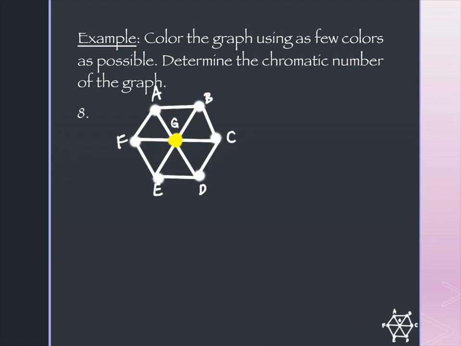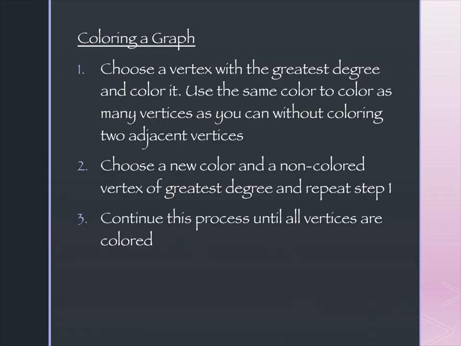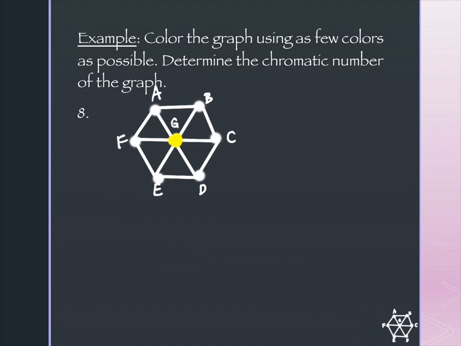Before I just put the yellow pen down, or highlighter down, or whatever you're using, we want to make sure that there's nothing else that can be colored in yellow. Can I color anything else in yellow? The way I know is I can only color something else in yellow if it doesn't have an edge that connects it to G. So, do any of the other points, A, B, C, D, E, or F, not have an edge connected to G?